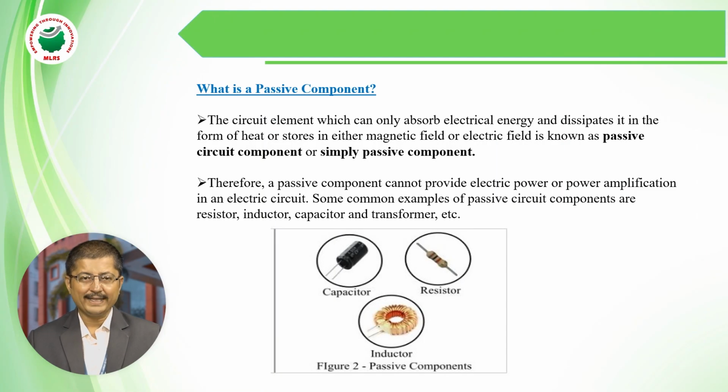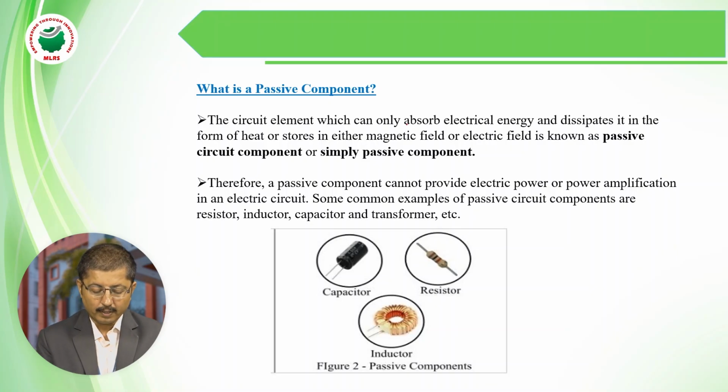Next one, what is a passive component? The circuit element which can only absorb electrical energy and dissipate it in the form of heat, or store it either in a magnetic field or electric field, is known as a passive component.